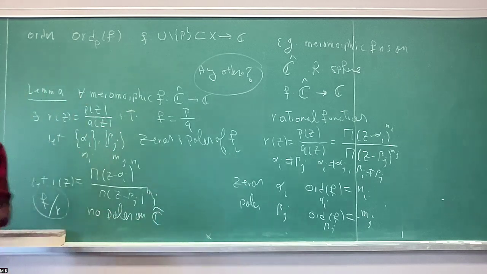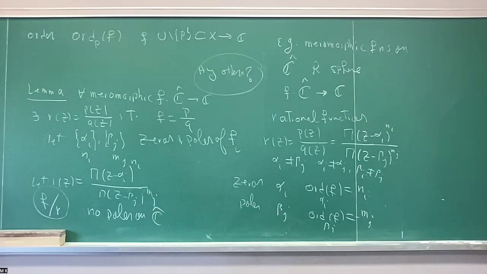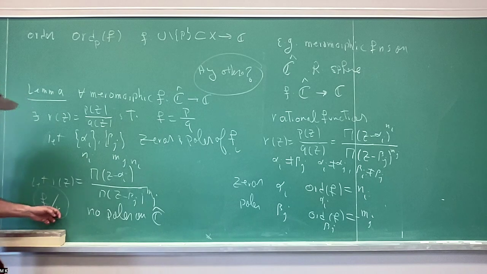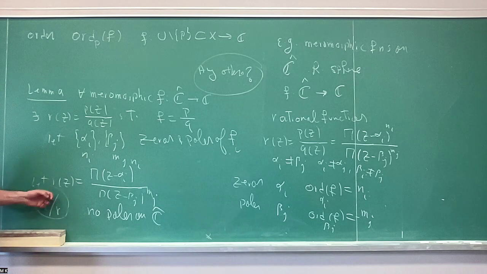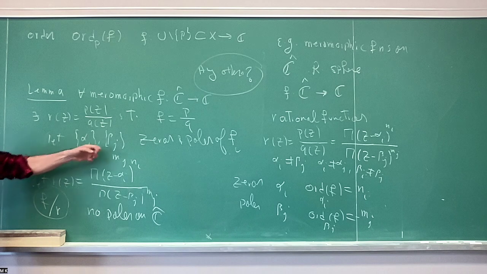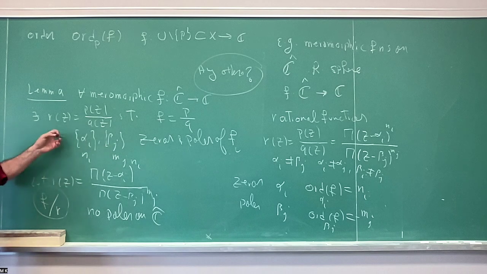Why is it true that it has no poles? Because where the poles could be, where you're dividing, should be the zeros of this. But the zeros cancel each other, because this function has exactly the same number of zeros and poles as f.